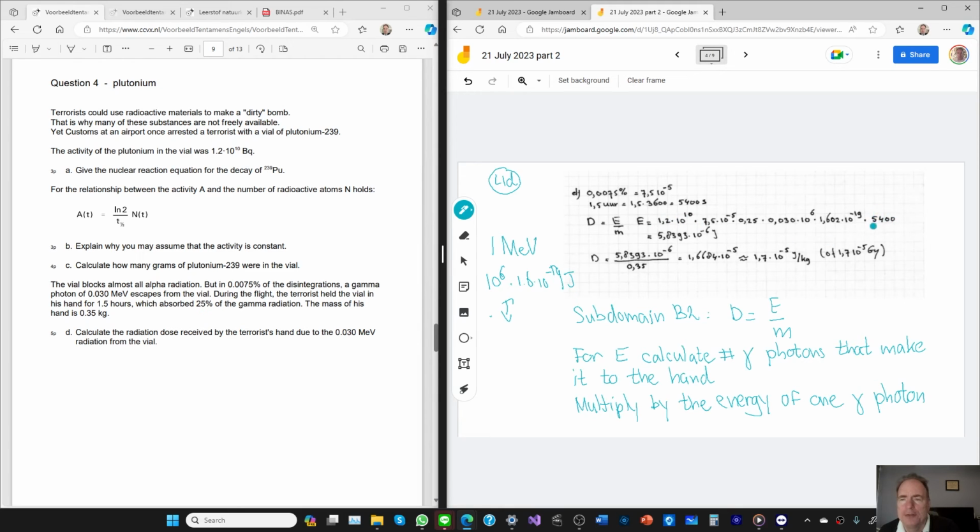So 5,400 seconds. And then that accumulates to the energy during that time. And as I mentioned, then you just divide by the mass, and then you get the total dose in joule per kilogram.